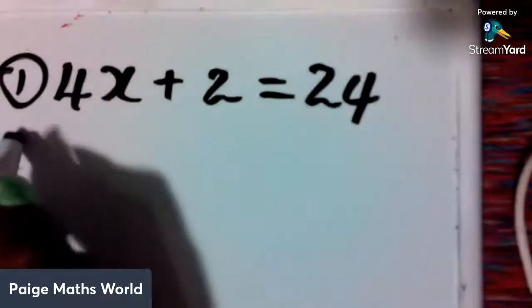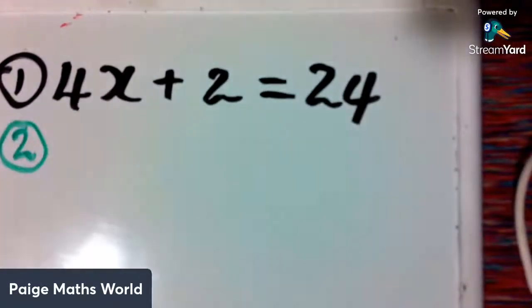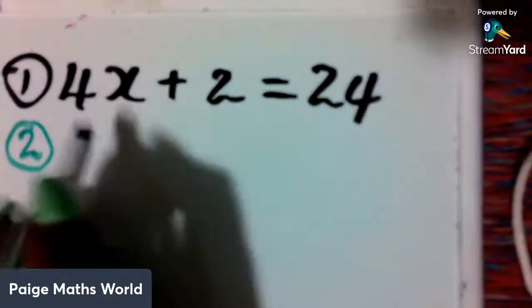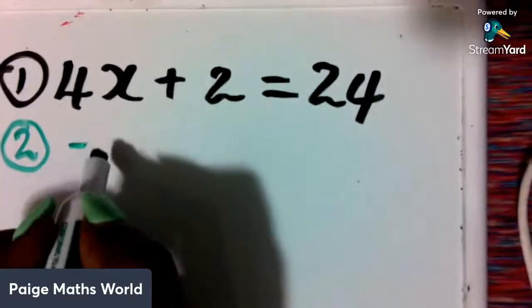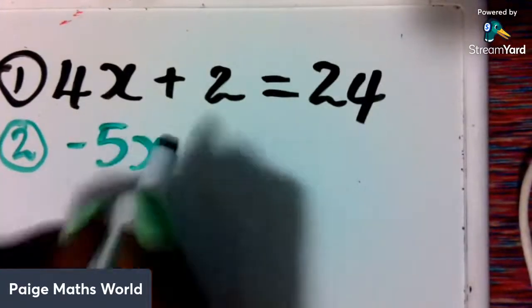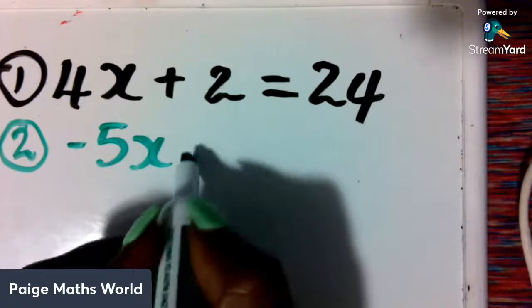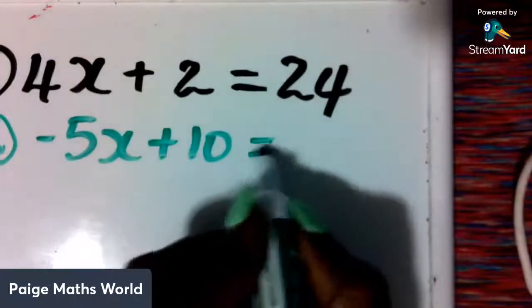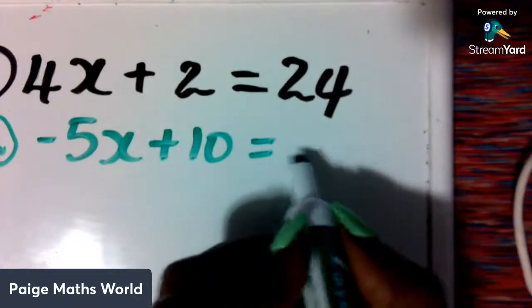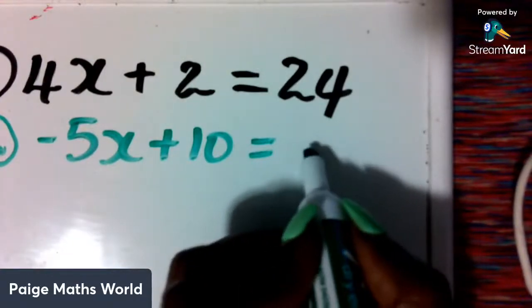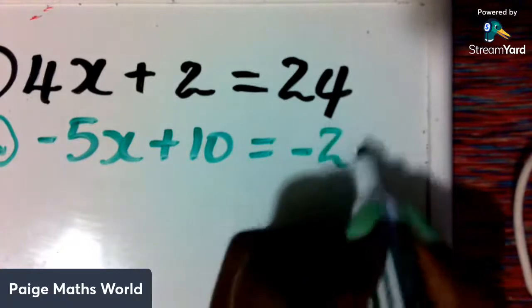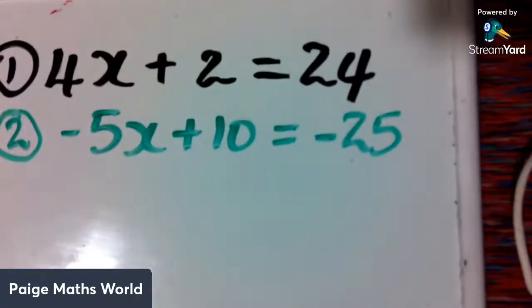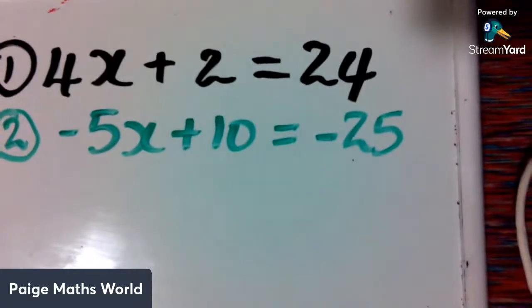And number 2, I'm using color coding to make sure you guys don't get mixed up with the questions. Negative 5x plus 10, and that's equal to, let us see what you're going to do with this one, negative 25. So negative 5x plus 10 is equal to negative 25.